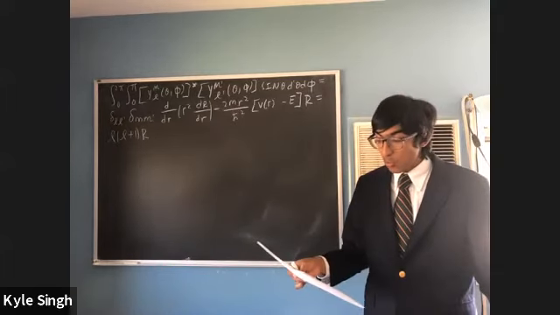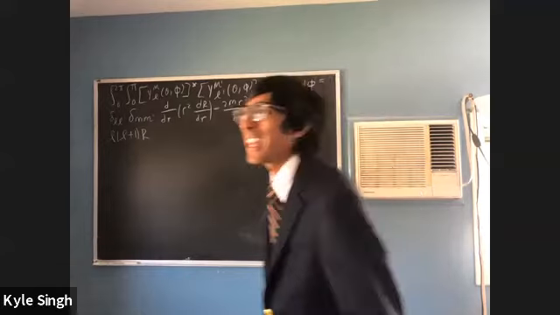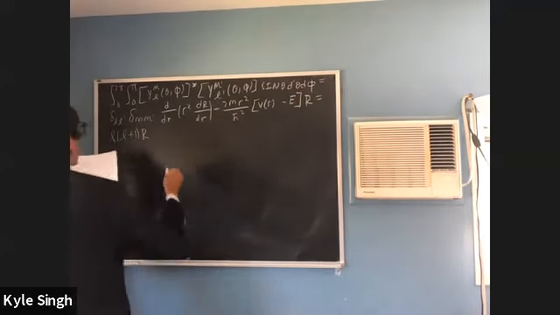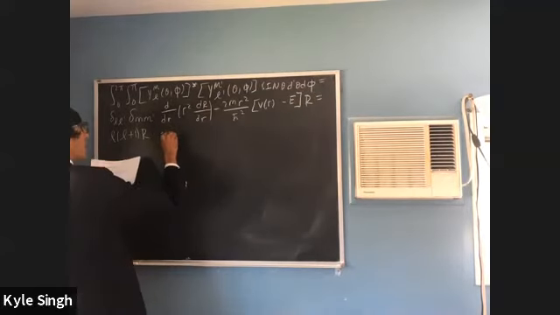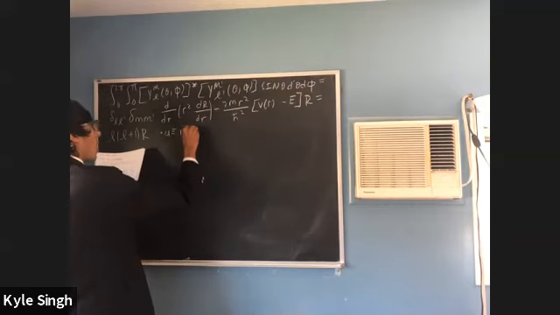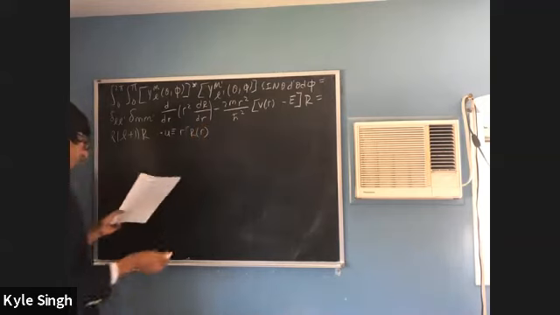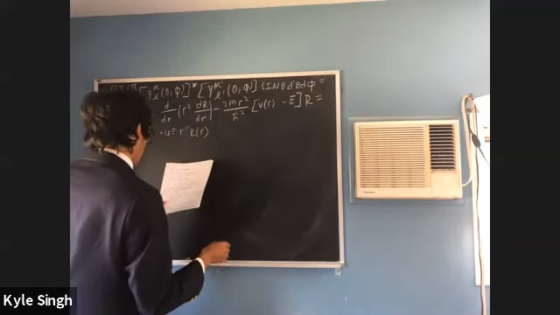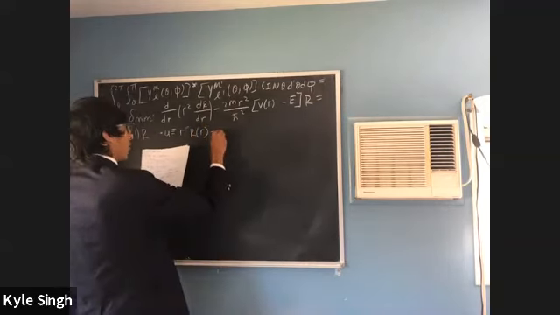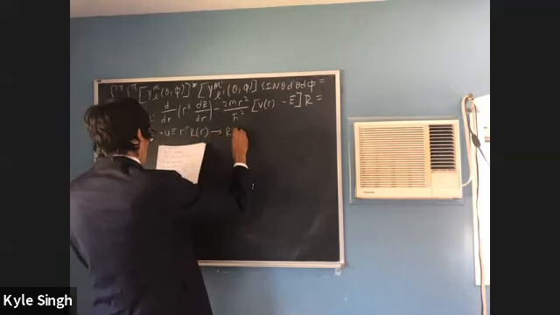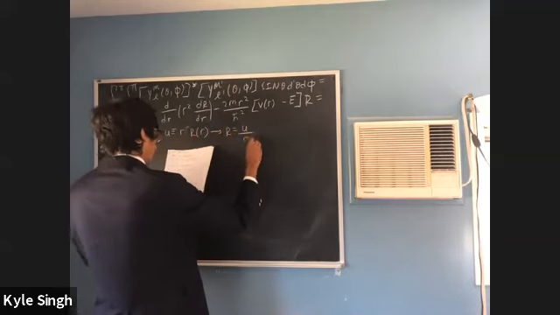Guess what we're going to do? We can't separate anything now, but we're going to impose a change of variables. So let u equal little r times capital R of r. From this, it follows that capital R equals u over r, right?